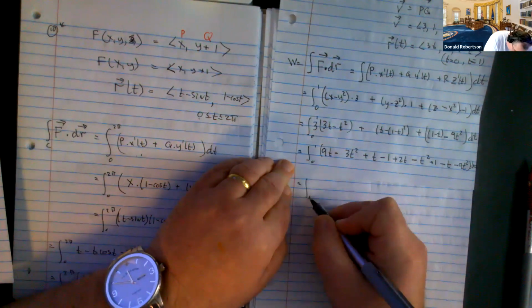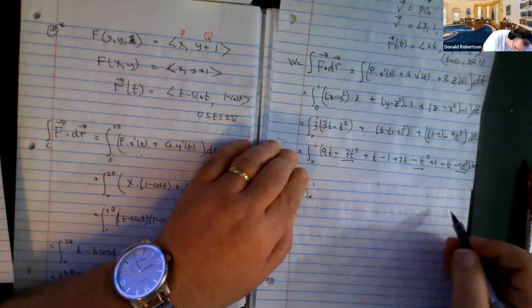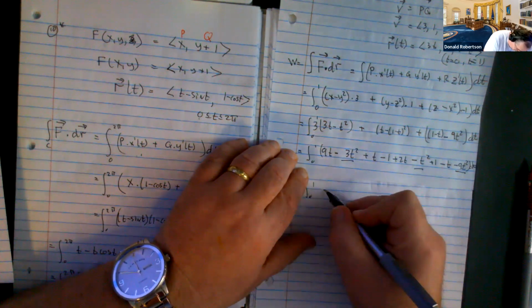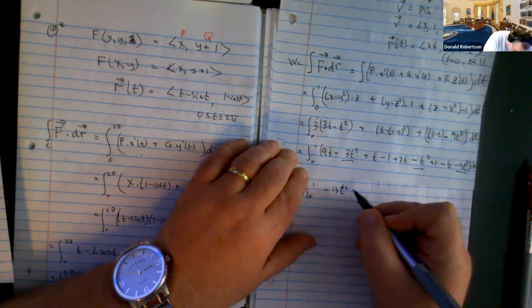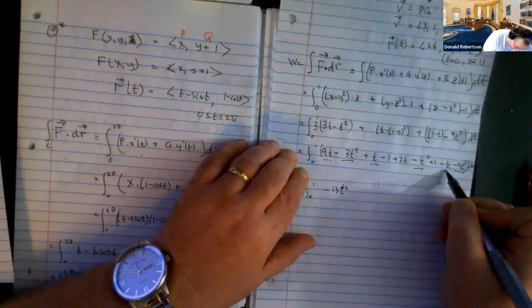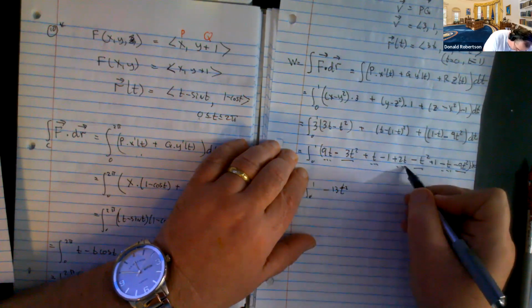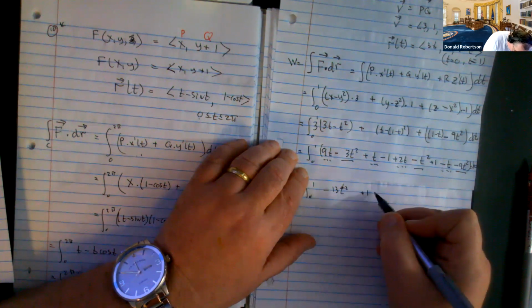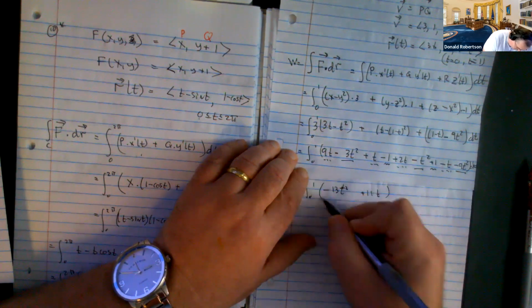What do I get? Negative of them, negative of them, negative of them. So that's negative 13t squareds. I've got 9 of them, one more is 10, take away 1, that's back to 9, add 2 more, that's an 11. So I have an 11t. This guy kills off this guy, so that's all we have left.